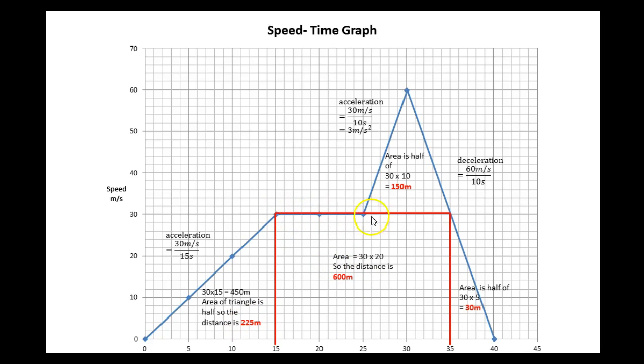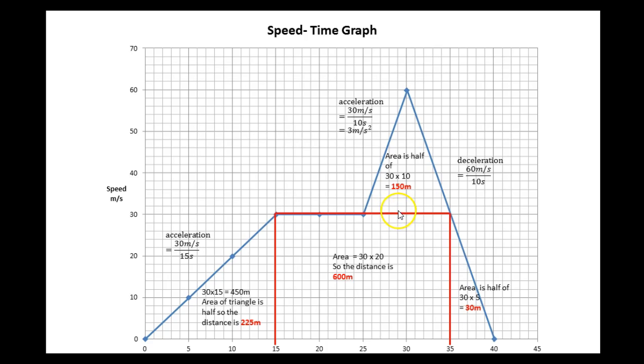This area once again is 30 along here and 20 seconds along here, so the distance is 600 meters. There are 2 ways you could, if you'd like, you could divide this into 2 triangles. In the end I decided to leave it as 1 and say that the area was half of this rectangle here. So it's half of 30 times 10 across here, and so that's 150 meters.